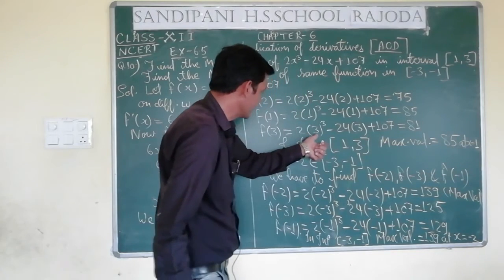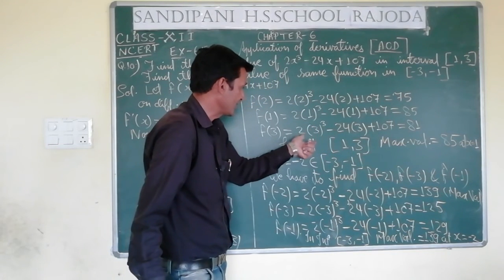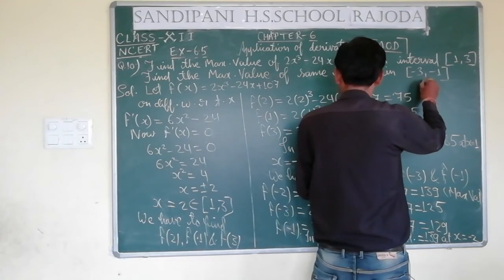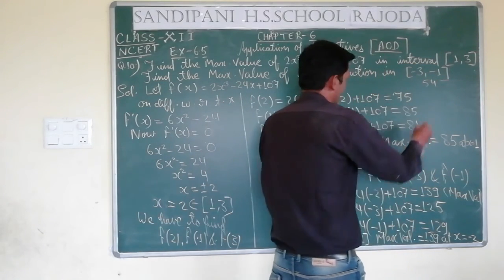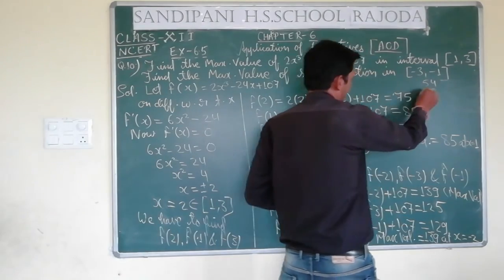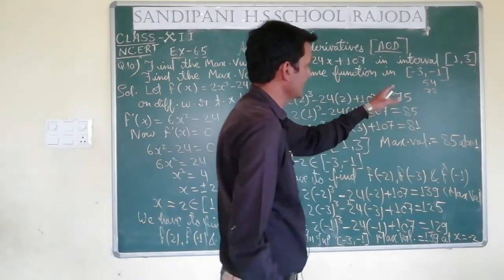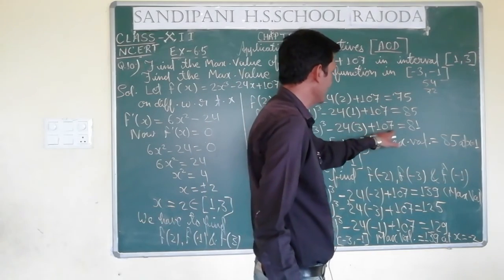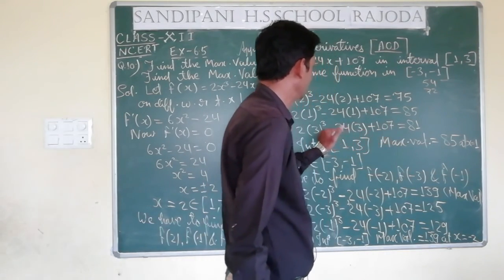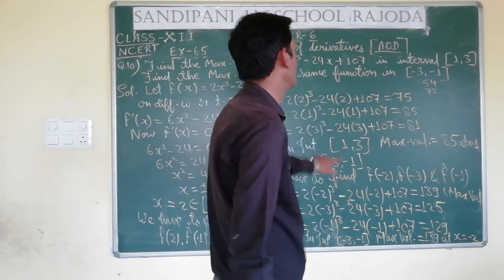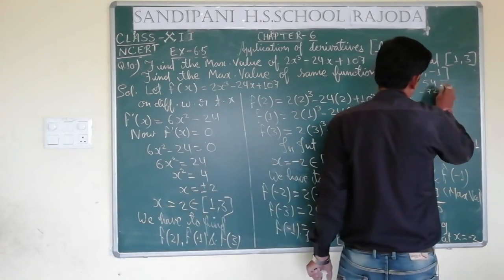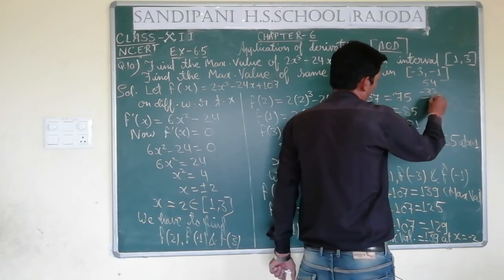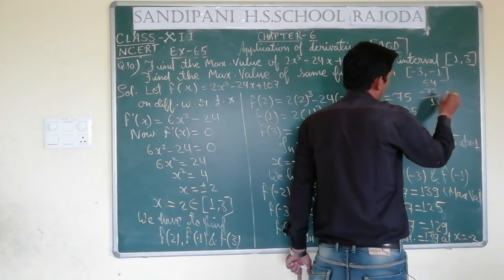Now let us discuss this also. 3 3s are 9, 3 9s are 27, 27 2s are 54. 54 and this one is 3 4s are 12 and 3 2s are 6 and 1 7. 72 minus 54, it is 18.